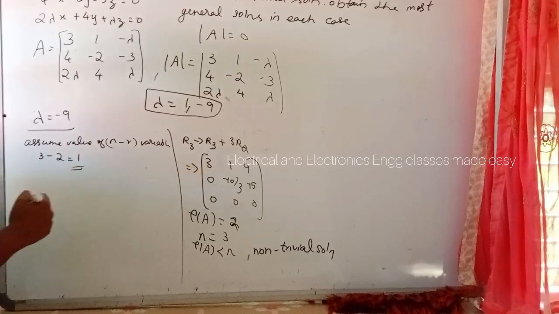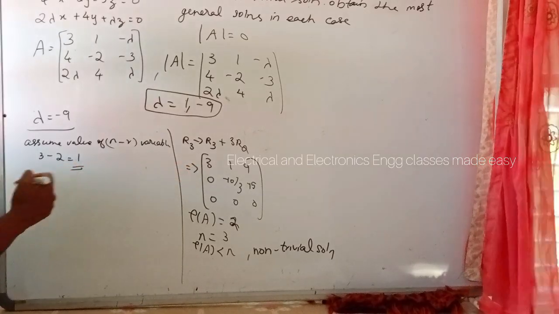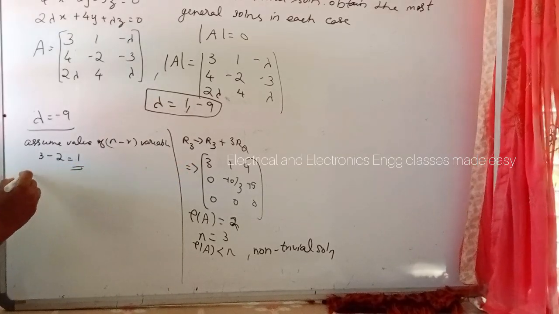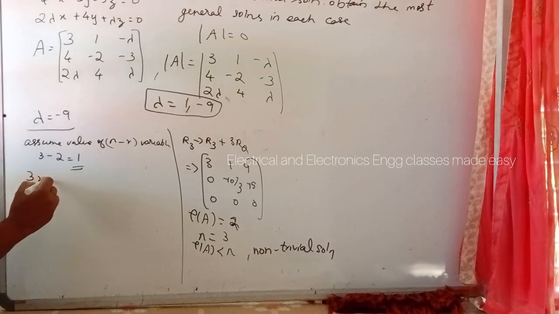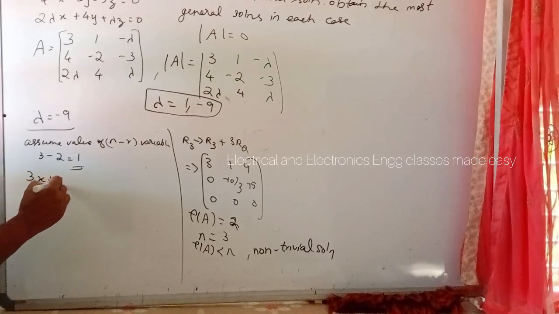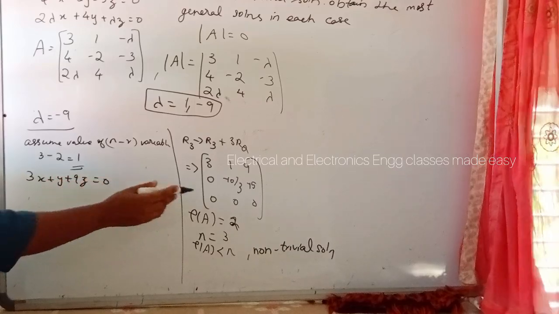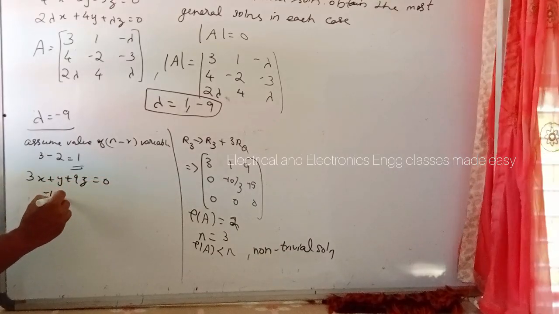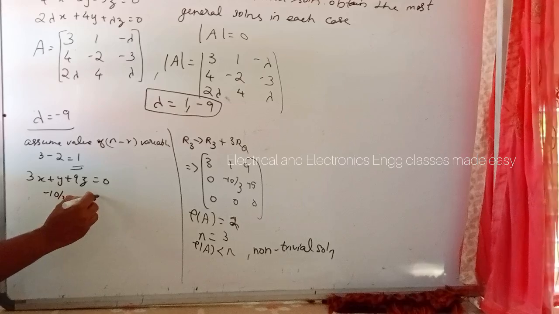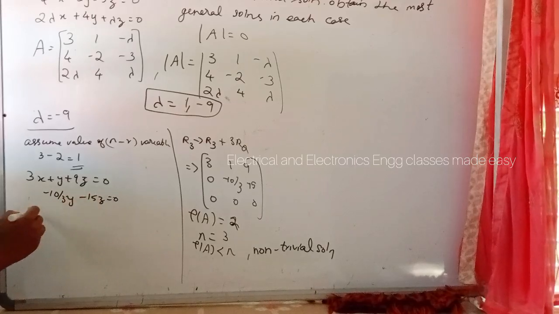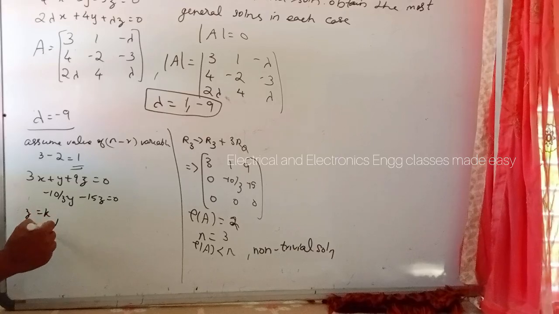So from this last reduced matrix we can write 3x plus y plus 9z equal to 0, then minus 10 by 3y minus 15z equal to 0. So let us assume z equal to k1 or k.